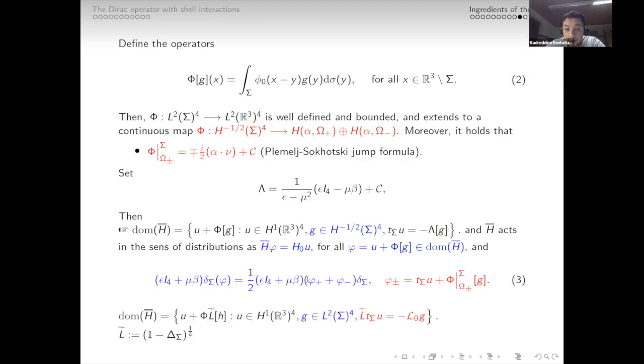And then in fact, to see the relation between L and this closure, we regularize our function G. So here I'm taking G in L2, and here I'm applying this Laplace-Beltrami operator.